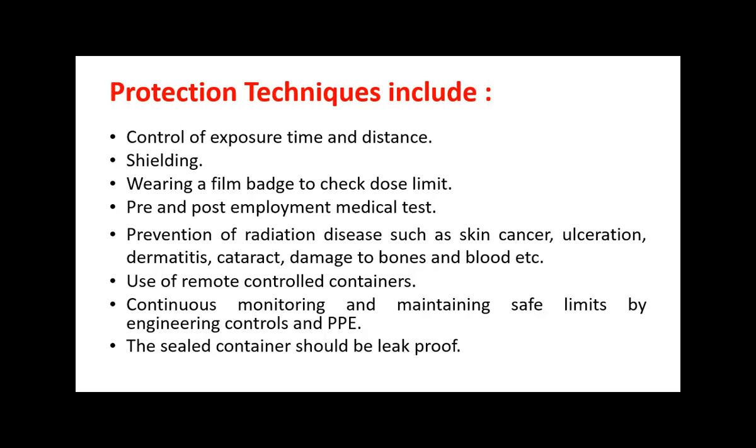Then wearing a film badge to check the dose limits. Then pre and post employment medical tests. So we have to test ourselves as well as all the workers in the industry, especially who are going to be exposed to these types of radiations.